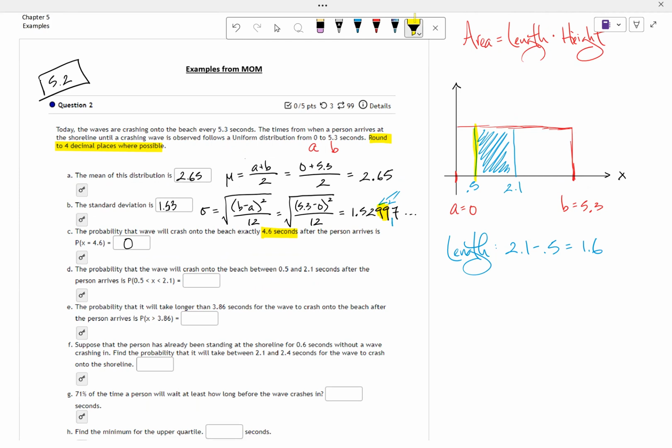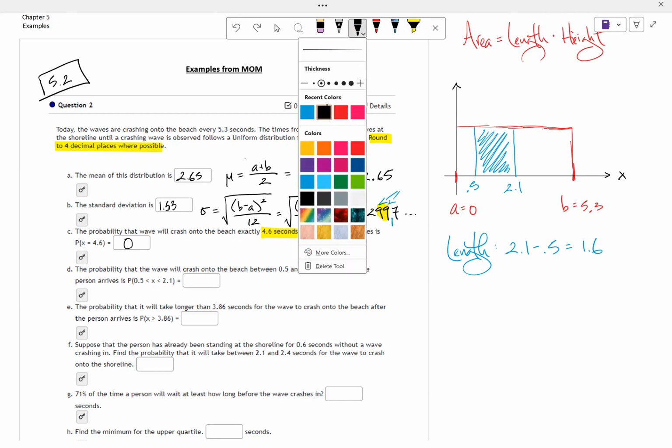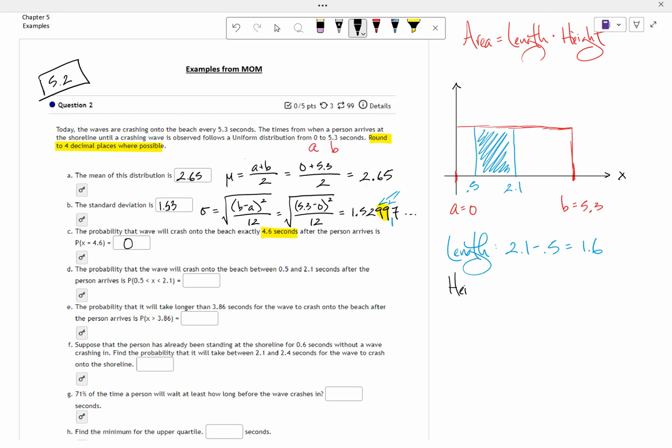I'm going to use our formula to find the height, which is 1 over b minus a.